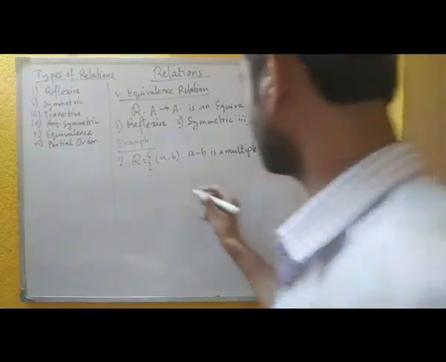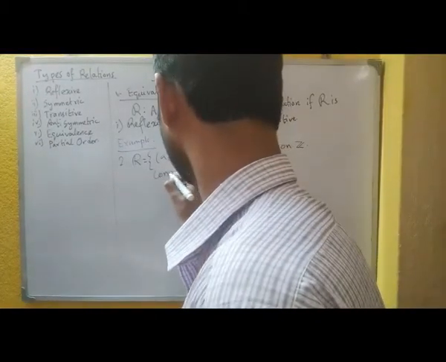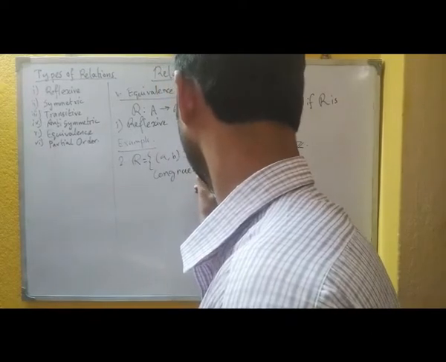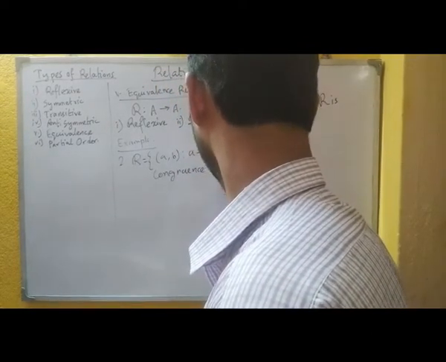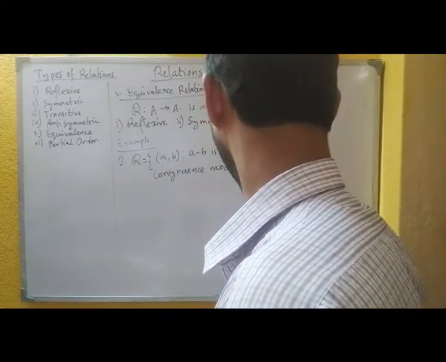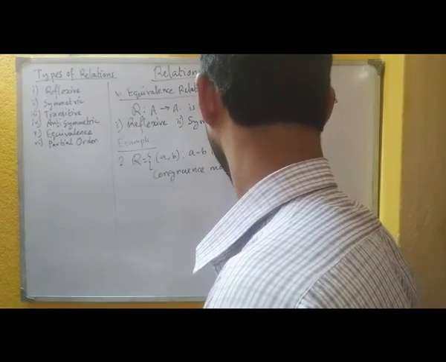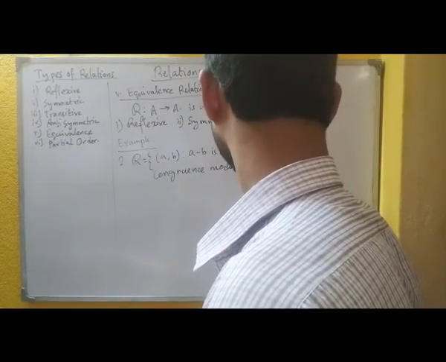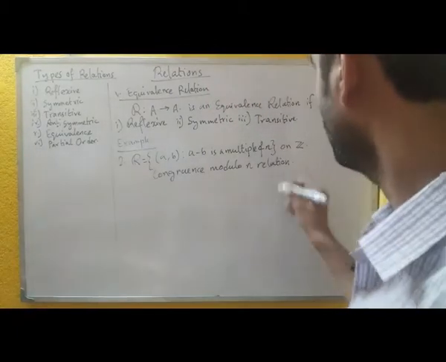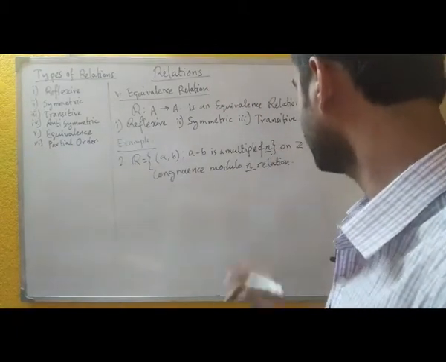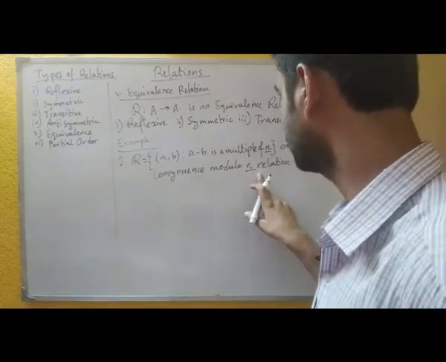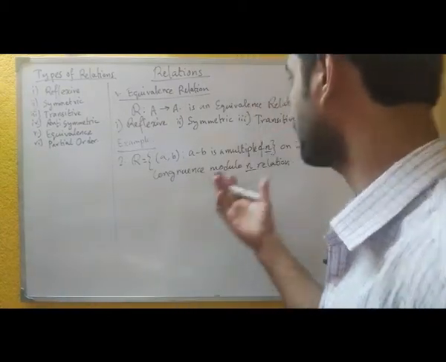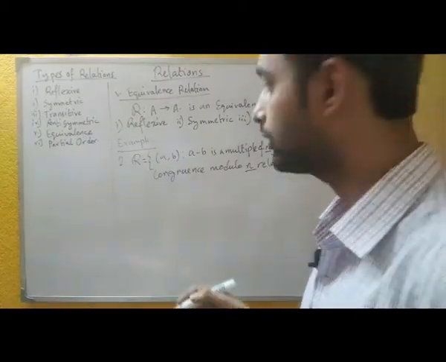First of all, this relation is sometimes called the congruence modulo n relation. This n corresponds to this n. So let us check whether it is an equivalence or not.